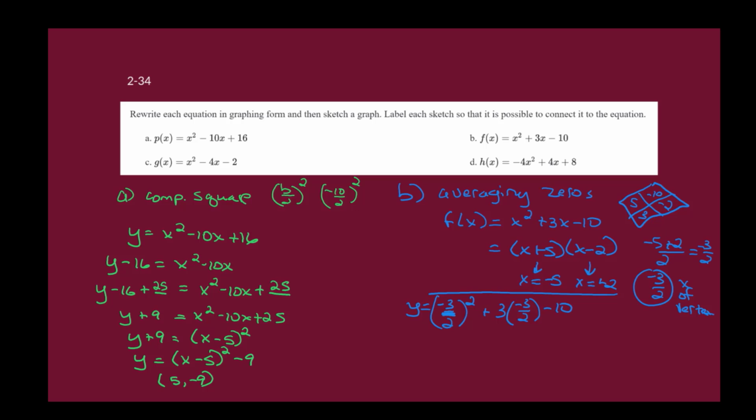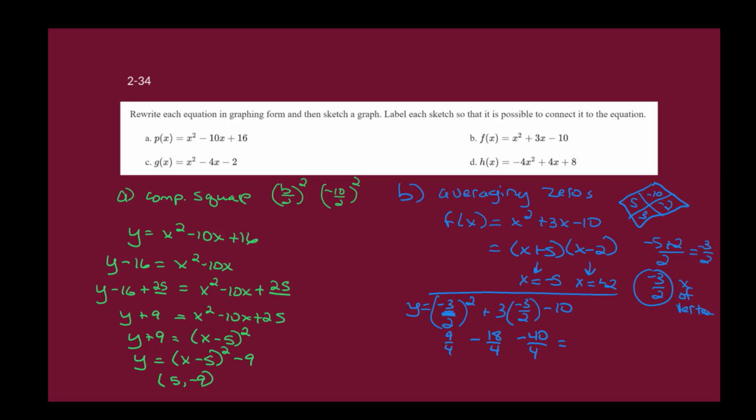Okay, that is 9 over 4. This would be -9 over 2, but we need to have the common denominator, so we're going to double that. So it'll be minus 18 over 4. And then our -10, I can't add that to it until we have a common denominator as well. So I'm multiplying that by 4 over 4. So it's going to be -40 over 4.